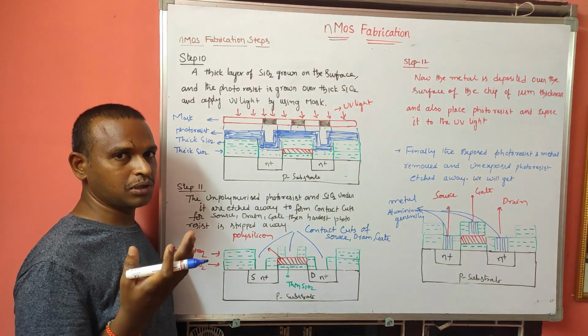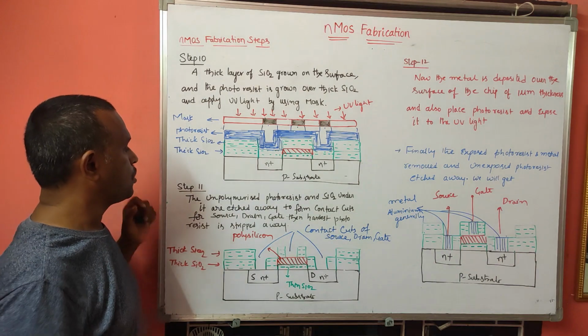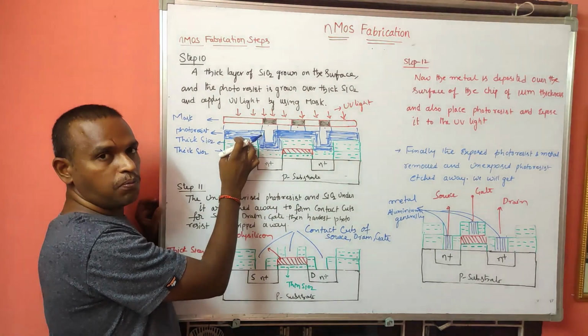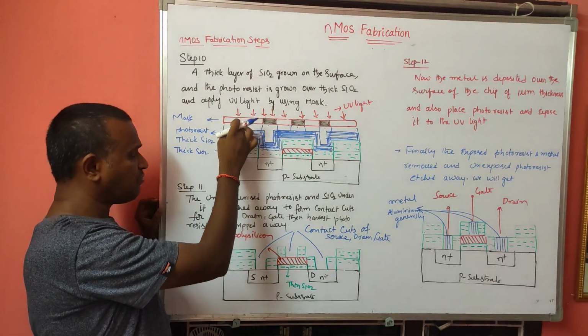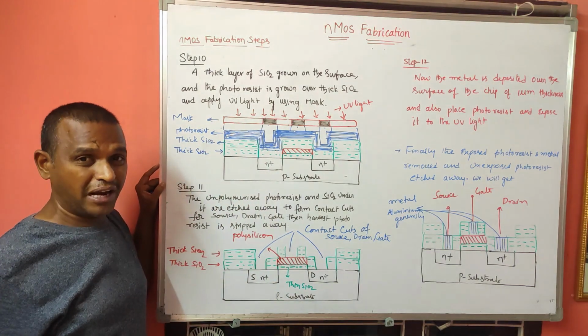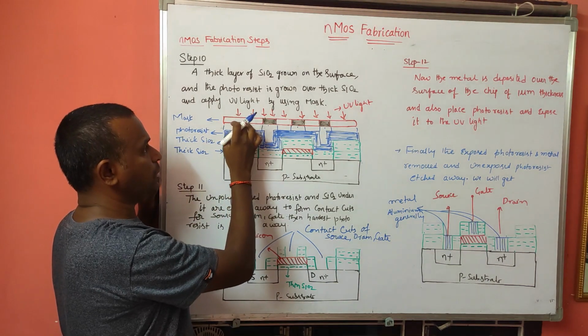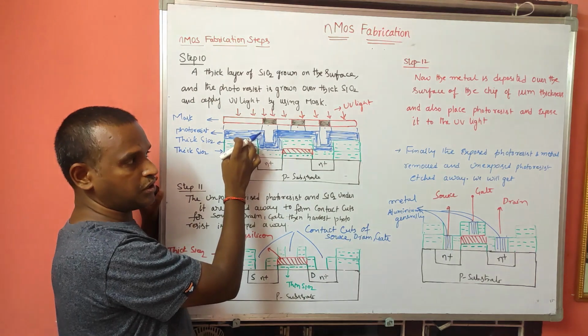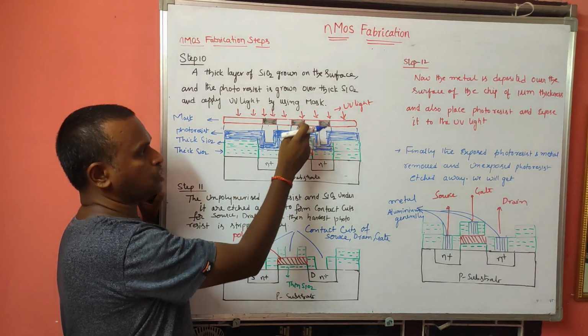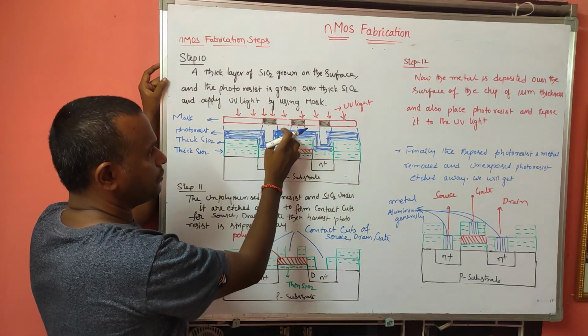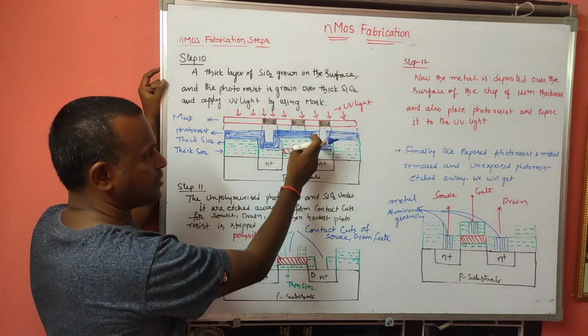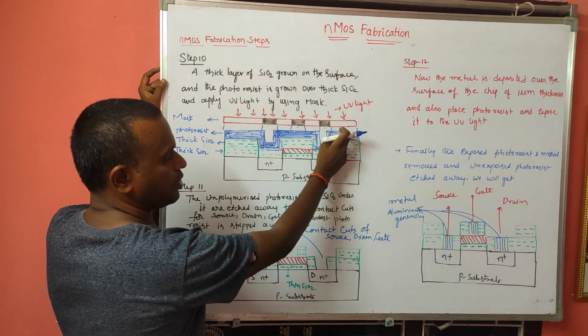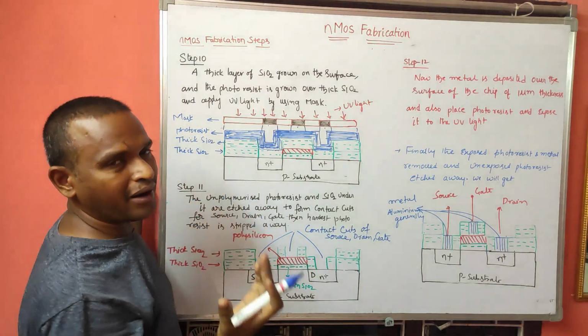So how we can form the contact cuts means, here this material is polymerized because the light falls on this one. Here it is polymerized, and here also it is polymerized. That is a hardened material.